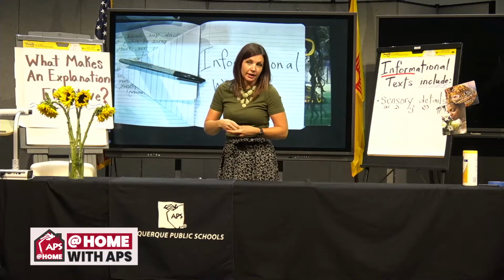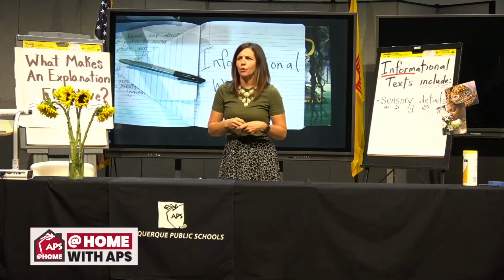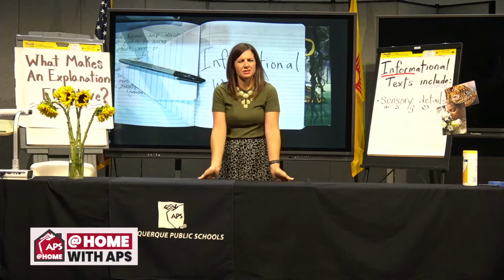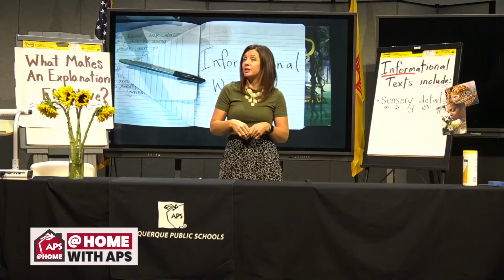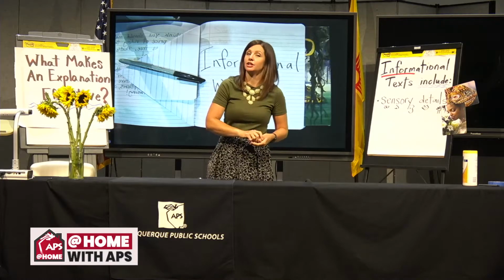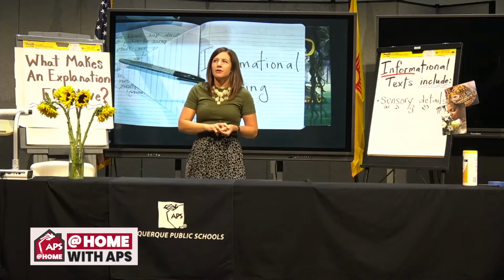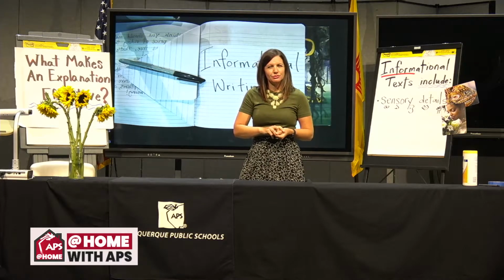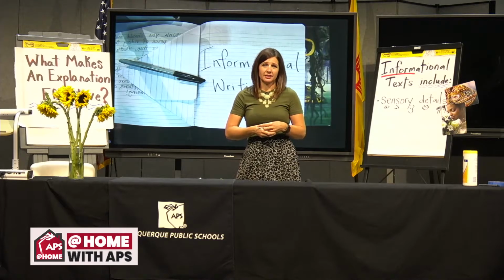Maybe you're trying to explain where to find something. So maybe you say, oh, it's over there. And the person says, over where? That's proof that you're not being very effective in your explanation. What if you're trying to explain to someone how to do something and they can't do it?